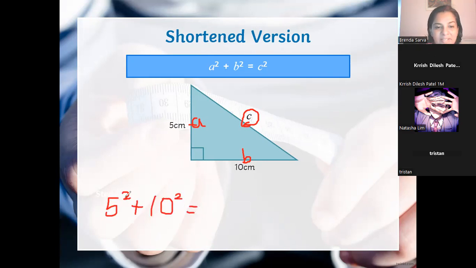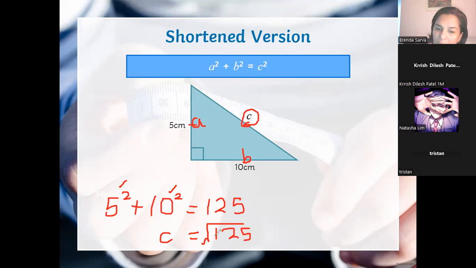Okay, what's the answer? Here it's 25 and here it's 100. So it's 125. Am I right? And to find C, I have got to square root this 125. And what is the square root of 125? Can you press in your calculator?